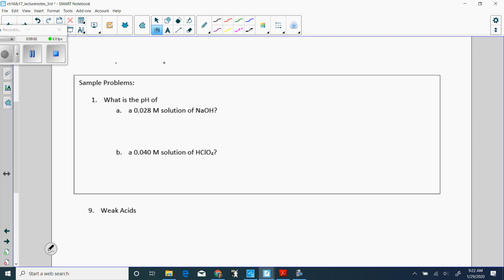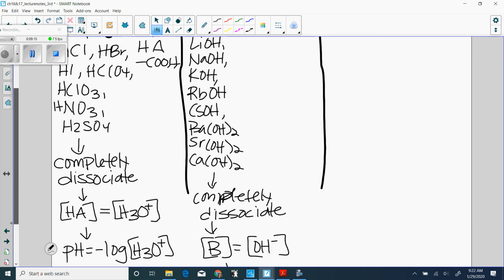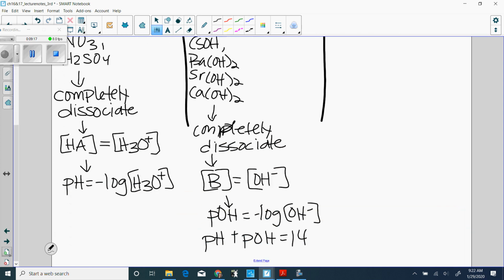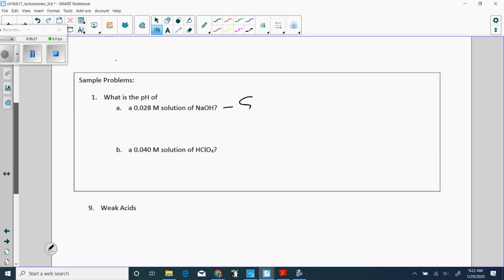The first thing that you have to do is put it into its category. So if we look back at this page, what category is sodium hydroxide in? It's a what? Strong base. So a strong base means that whatever that concentration is the same as the hydroxide, and we can solve for POH. So this is a strong base.